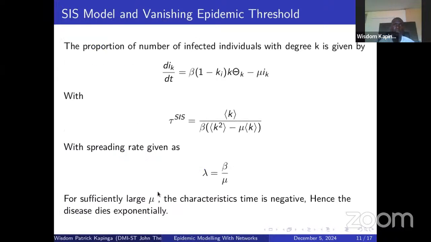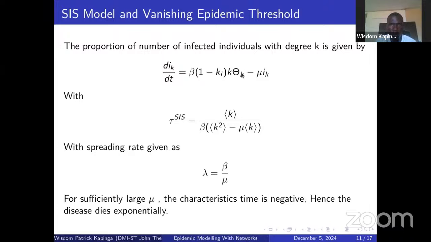And now let's quickly look at the SIS model, and of course we're also going to look at the vanishing epidemic threshold. When we look at the SIS model, this is the model that we use, and many of these concepts we have already explained.